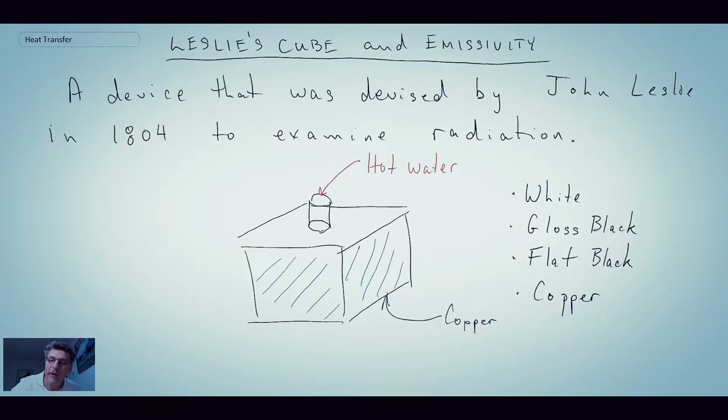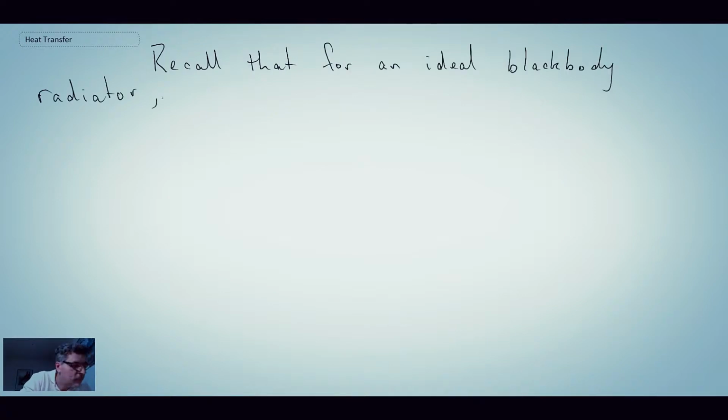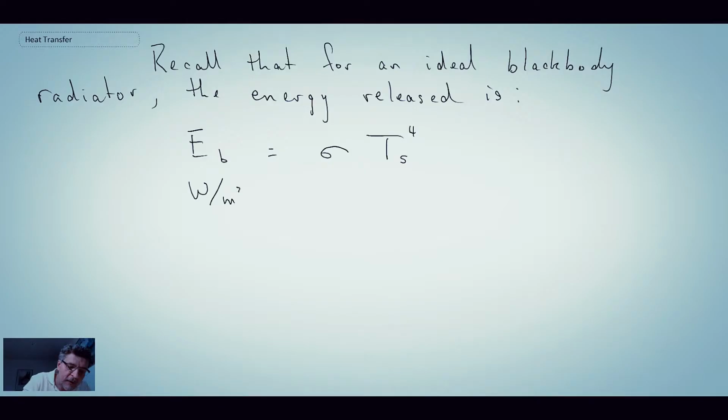So if you recall, when we were talking about radiation, we said that there's an ideal black body radiator, and for that we had an equation that enabled us to calculate the amount of radiation emitted from that type of object. The radiation emitted on the left is in watts per meter squared.